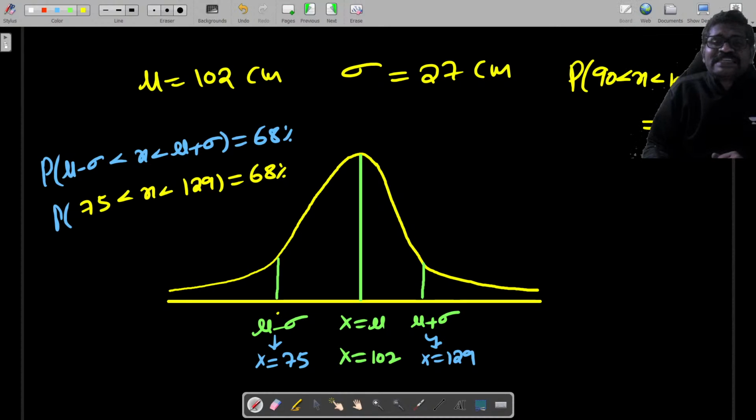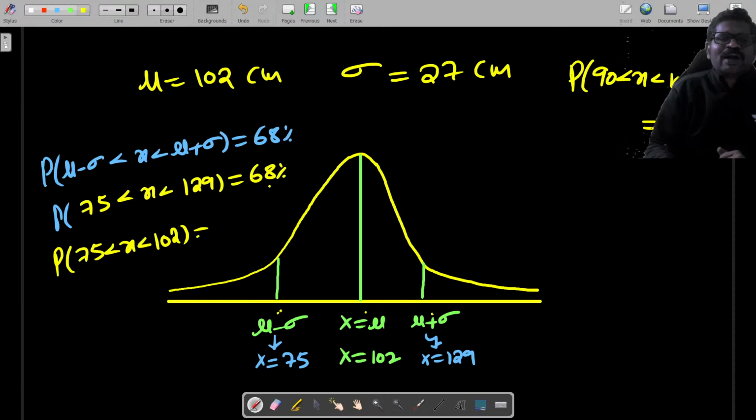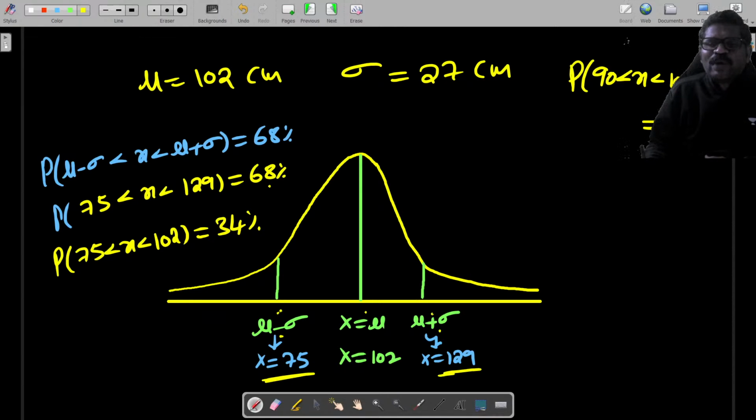So mu minus sigma to mu is half of that. So the probability of 75 less than x less than 102 is 34%. Right? Mu minus sigma to mu plus sigma, 75 to 129, is 68%. So 75 to 102 is 34%.